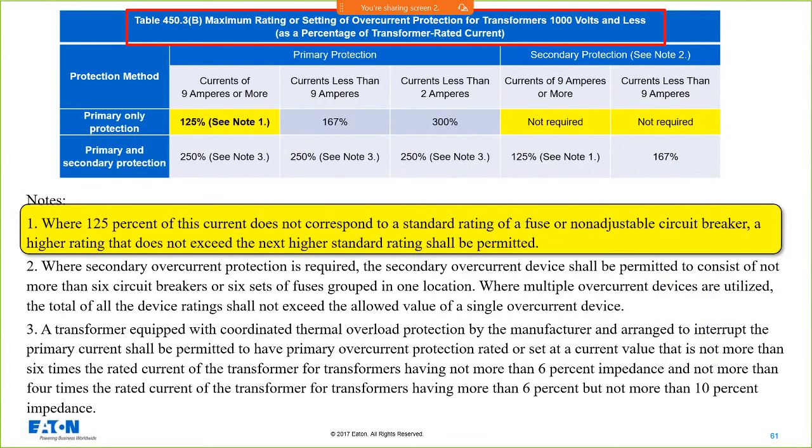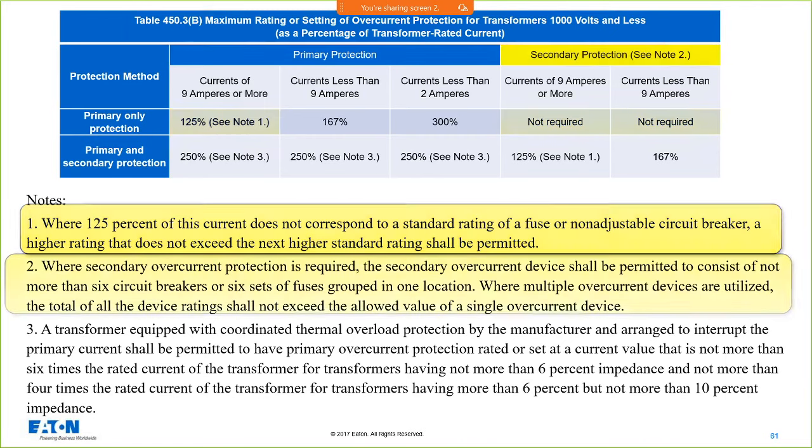Now, let's say, for example, that I got primary protection. I could say, you know what? Look at this. I don't want to put a secondary breaker there. I'm going to size that primary breaker to 125%, and it tells me that I could go to the next size higher. And then now I got to think about note 1, and I got to think about note 2.